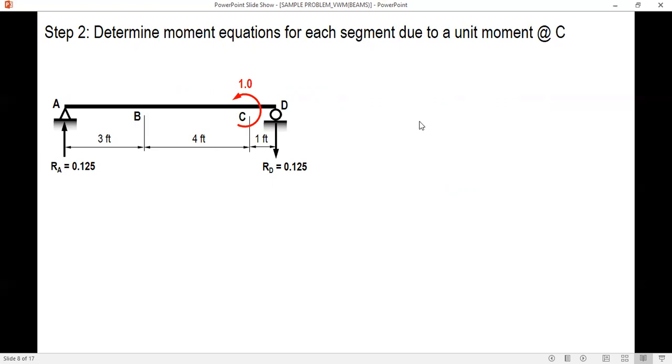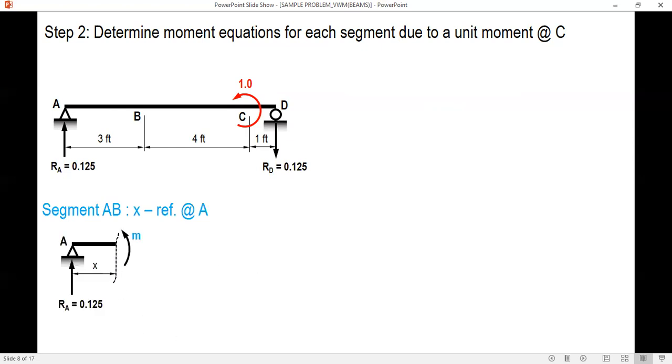So, since we are using the expressions of capital M with the respective references, we use the same reference for small m. Like for AB, the reference is at A, for BC, B, and for CD, it's point D. Same lang X, but different reaction.